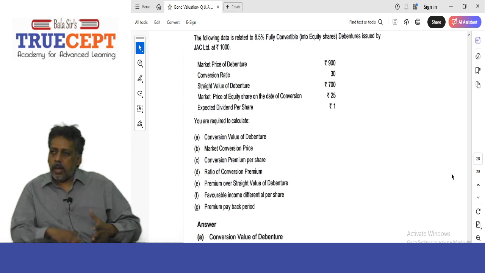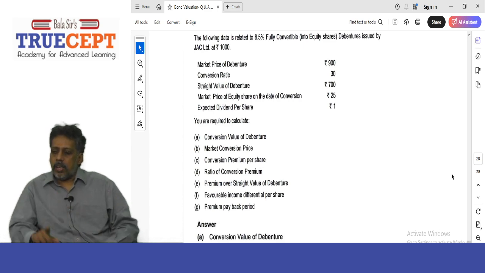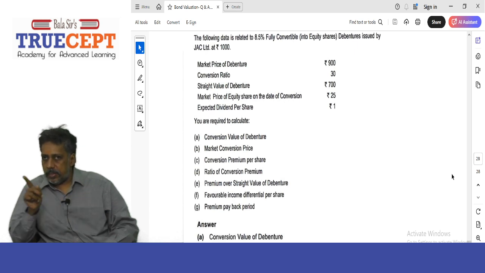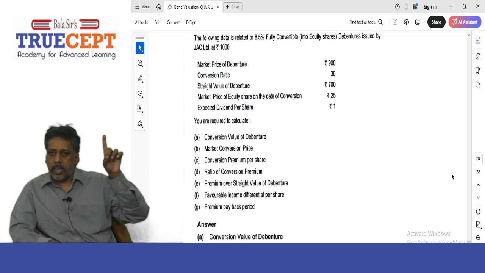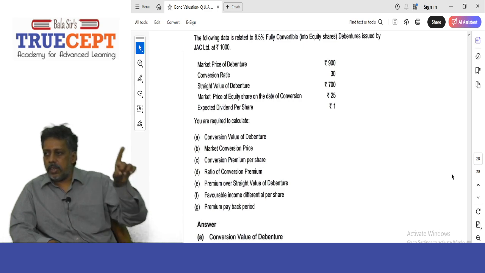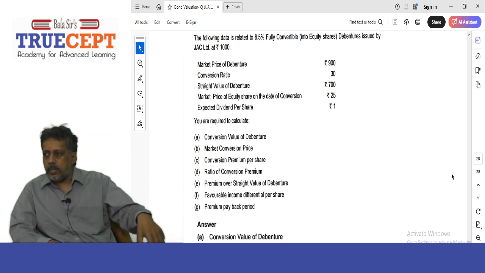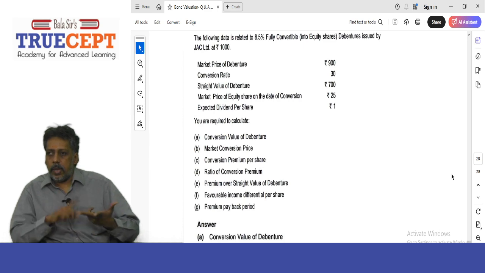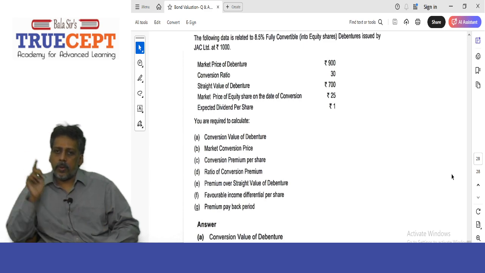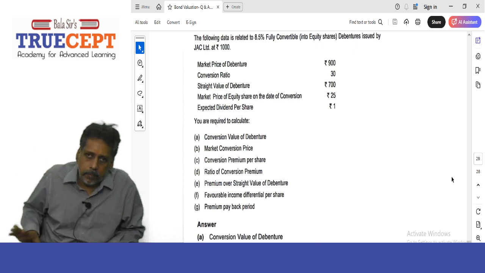He is also given the market price of one share and also the dividends expected on the share. And what is the rate of interest or coupon on these bonds? 8.5%. And you always calculate the percentage interest on the face value. You calculate the coupon, right? 8.5% on rupees 1000 face value. Rupees 85 will be the coupon income.